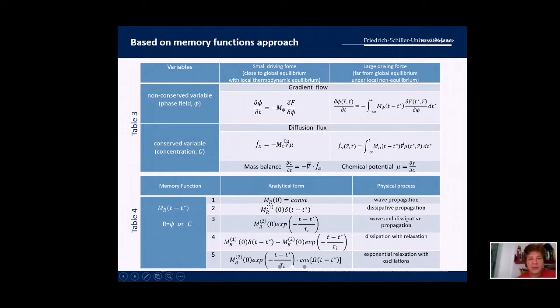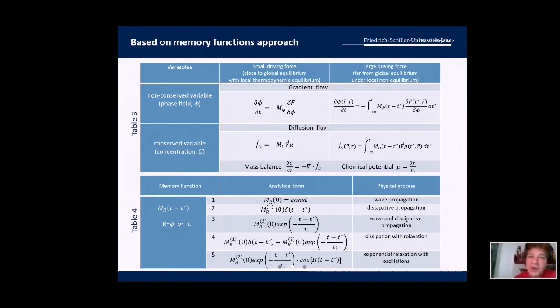For instance, if we have a transport process of atomic transport, we have to take into account that we have a diffusion flux, and this is also instantly proportional to the driving force, to the gradient of chemical potential. And then we have 2 equations which can be used for description of our system at small driving forces, not far from equilibrium.